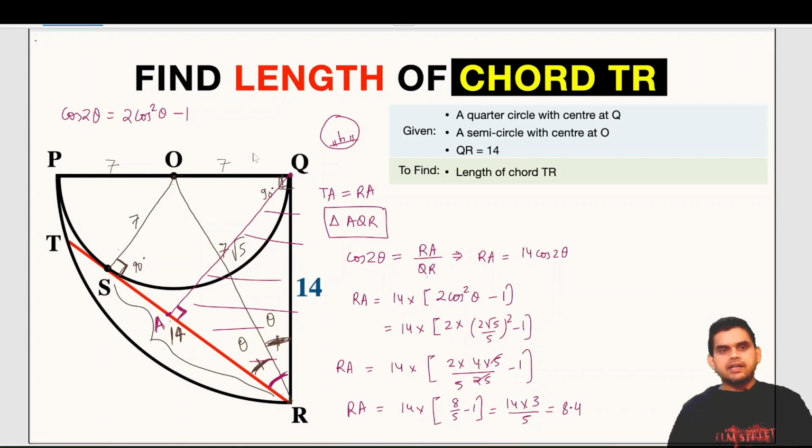This is the length of RA. So the length of chord TR will be twice AR, so twice 8.4 is 16.8. So approximately the length of chord TR is 16.8 units.